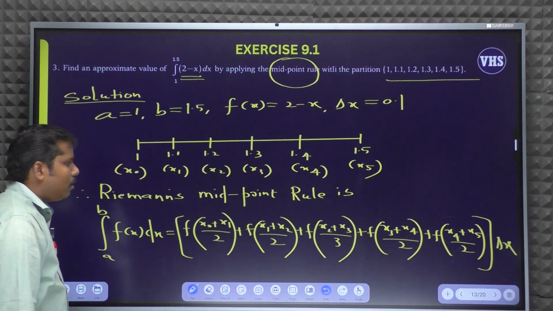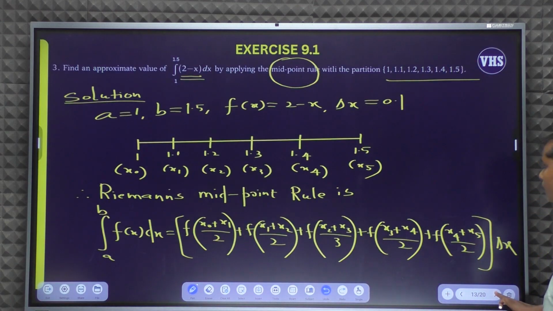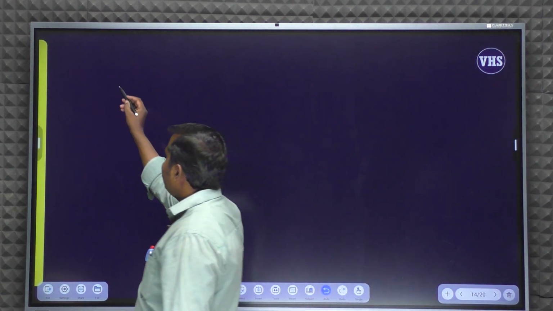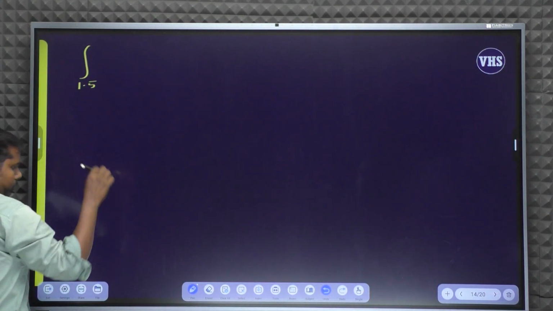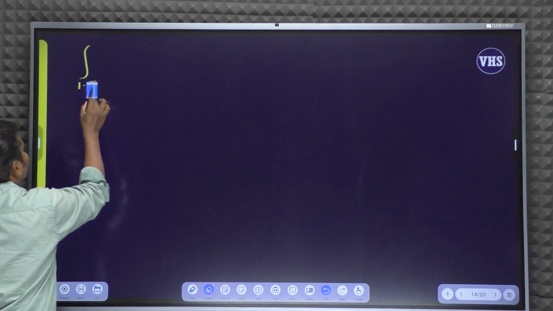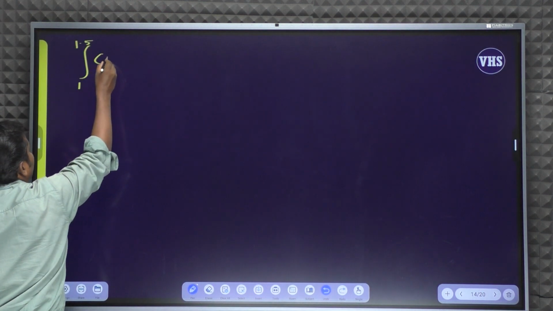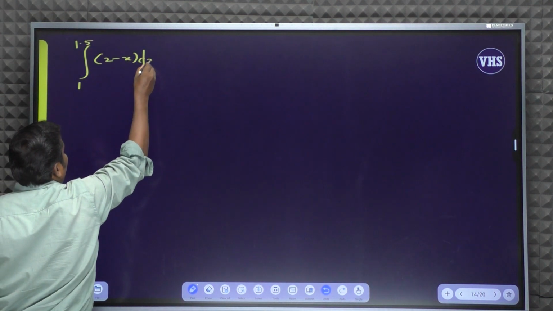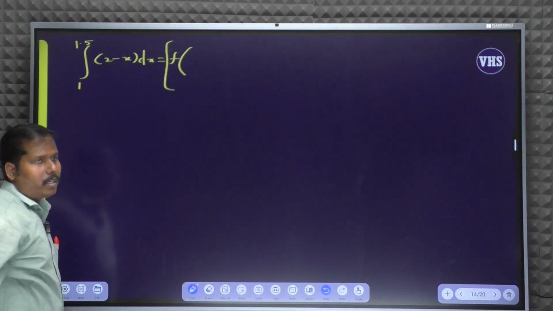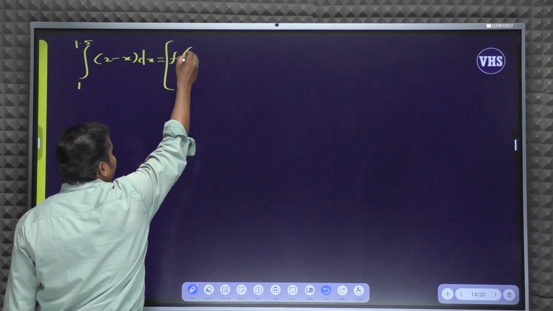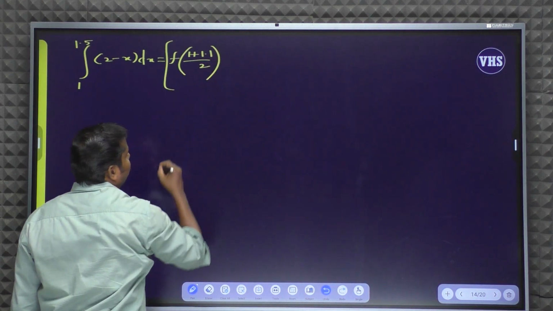Next we need to substitute all values. Let's go for that. So the integral from 1 to 1.5, sorry, lower limit is 1, 1 to 1.5. What is our f of x here? 2 minus x dx, which is equal to f of x0. What is our x0? 1 plus x1. What is x1? 1.1 by 2.